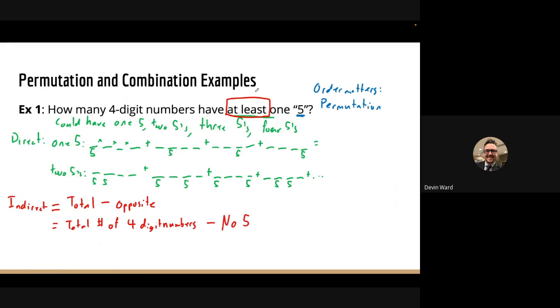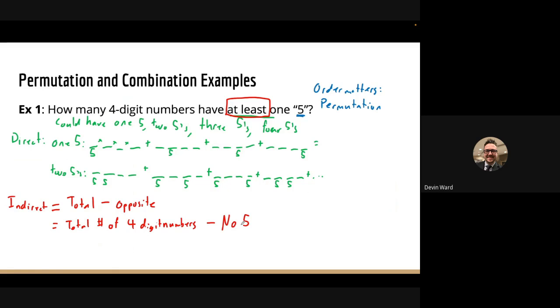Because if we look at all of the 4-digit numbers, and then we just take out any number that doesn't have a 5 in it, then whatever's left must have at least 1 5, okay? So we do the total number of possible 4-digit numbers and subtract when we don't have a 5. Okay, that's the indirect method because we're not solving directly how many each have a 5. We're saying how many don't have a 5, and then let's take that away from the total. Okay, so a lot of the times it makes it a lot easier to solve because you have to do fewer calculations.